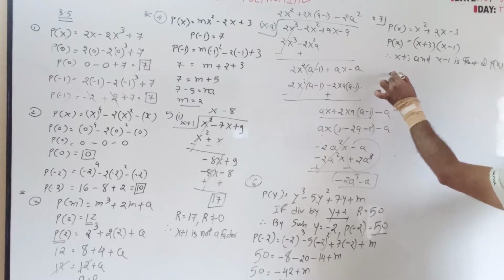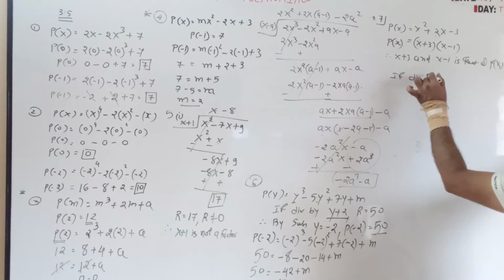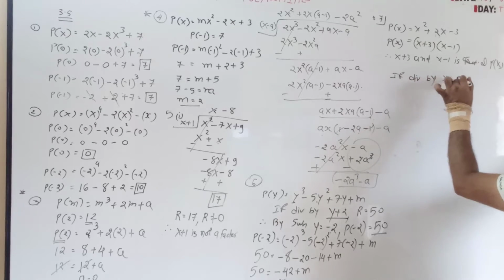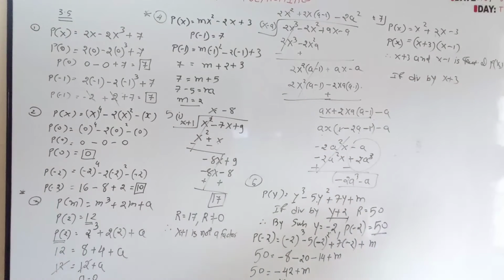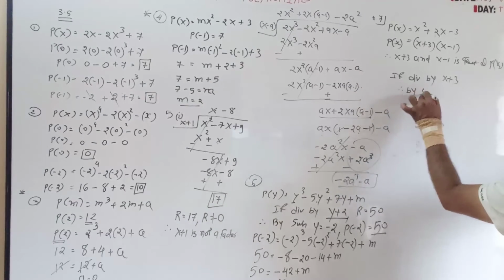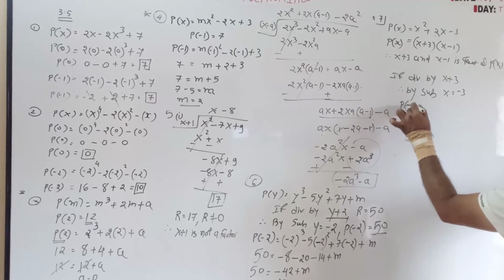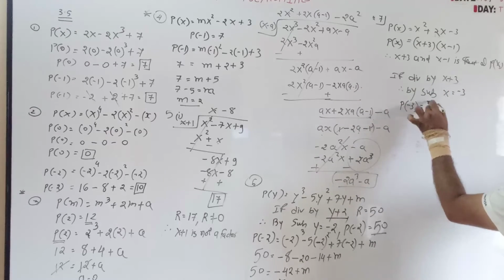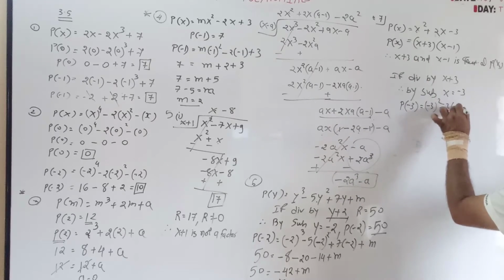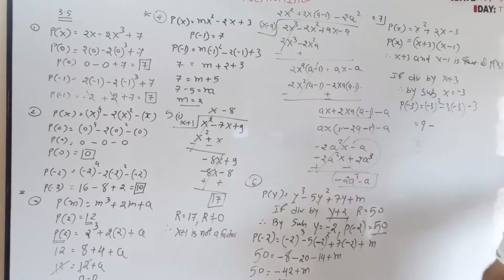Or, if we divide by x plus 3, then by substituting x is equal to minus 3 in P of x, we get minus 3 square, minus 3 times 3 is 9, that is 2.